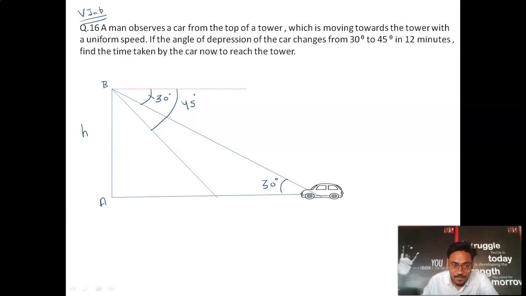Since this complete angle is 45 degree, this angle is also 45 degree. Suppose this point C denotes the first position of the car, and the new position of the car is denoted by this point D. In 12 minutes the car moved the distance CD.